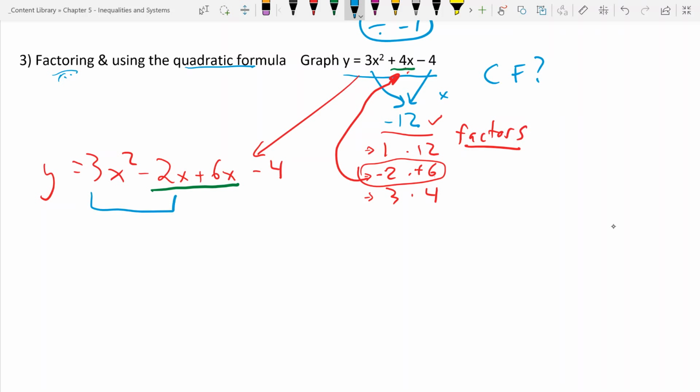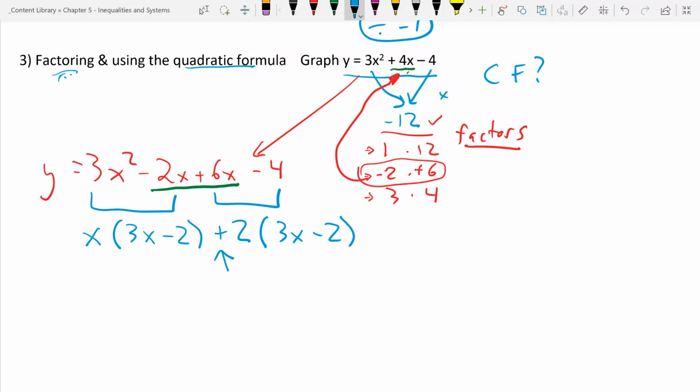I'm going to group these two together and these two together. These two terms have an x in common, so that is x times 3x minus 2. And these two terms have a 2 in common, so plus 2 times 3x minus 2.